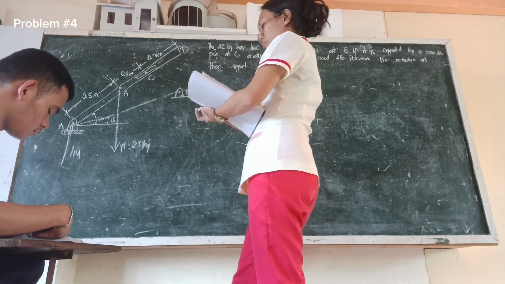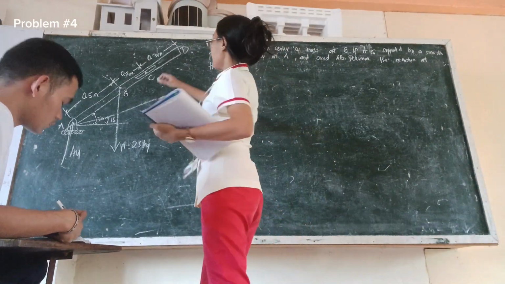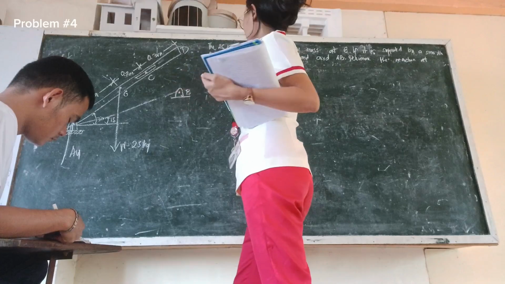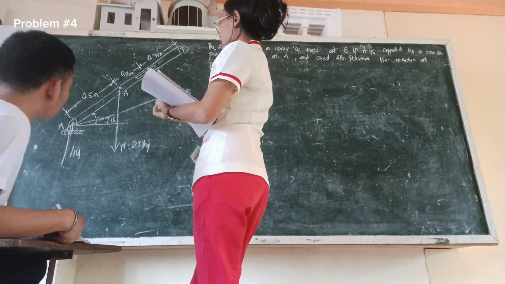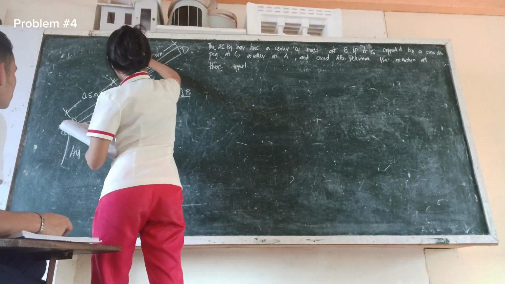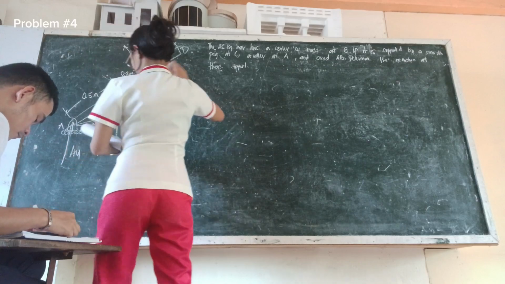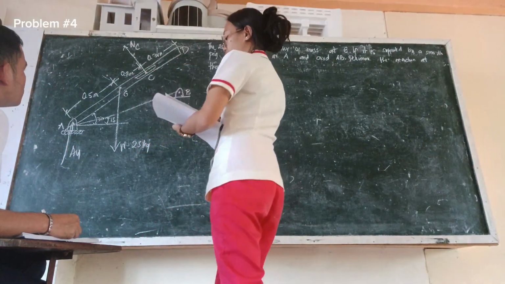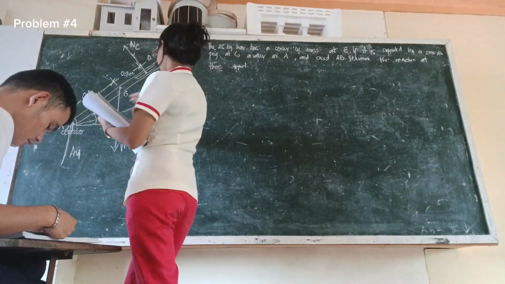It has a normal reaction because of the peg at C, at the point C, which is perpendicular to the segment AB. And I have the force due to the cable or cord AB.